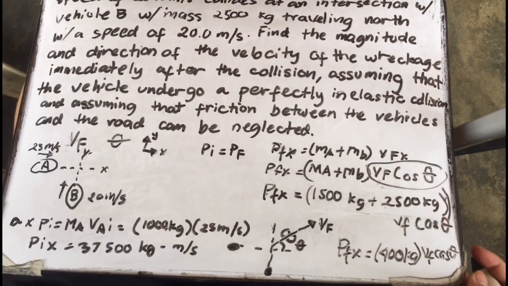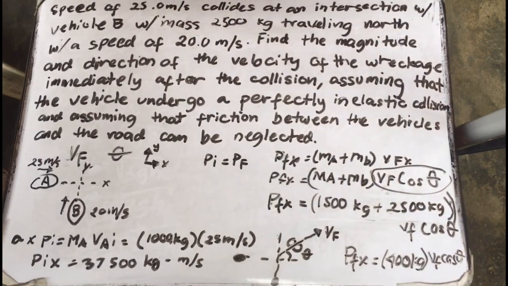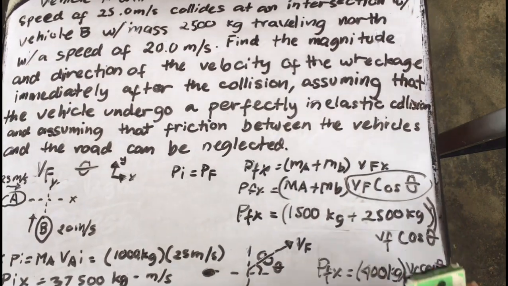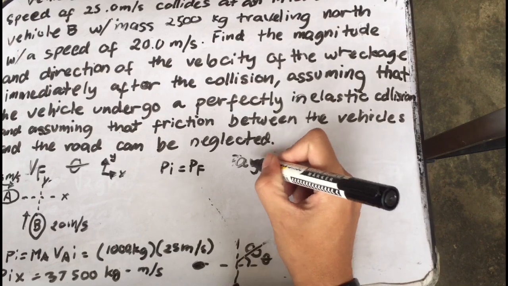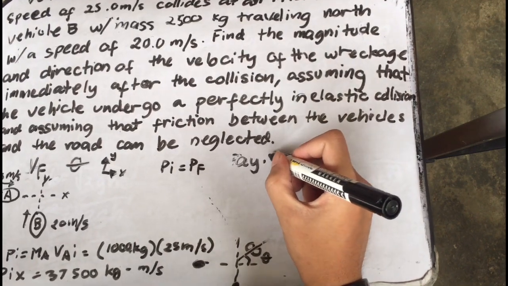So, by calculating, P f x is equal yan sa 4,000 kg times V sub F cosine theta.